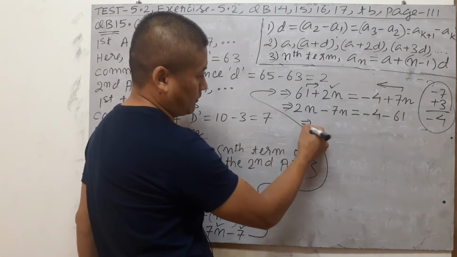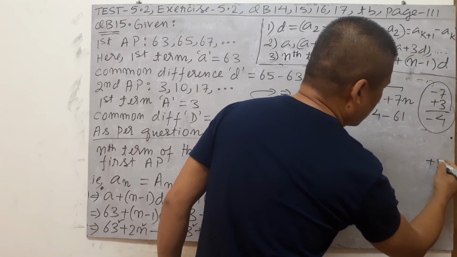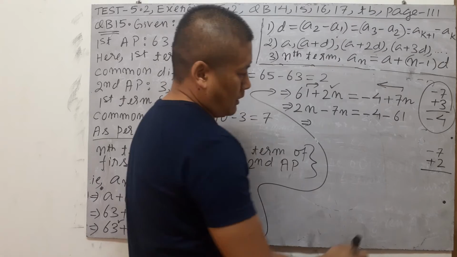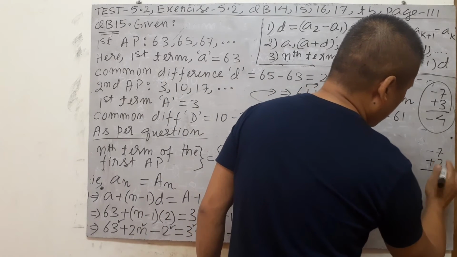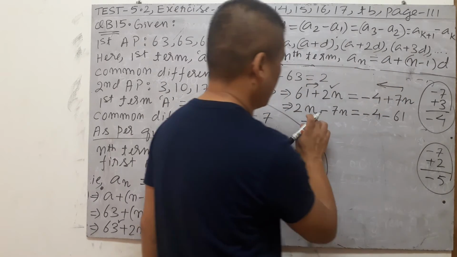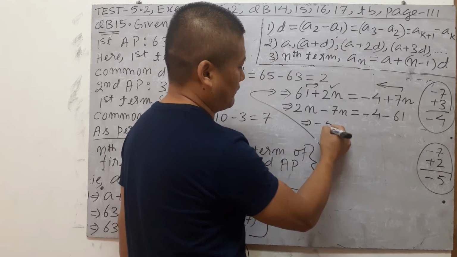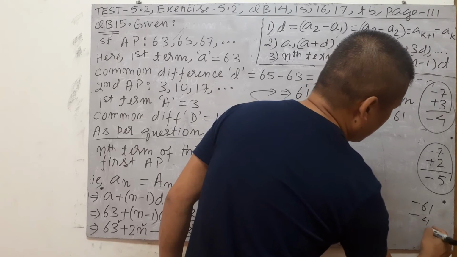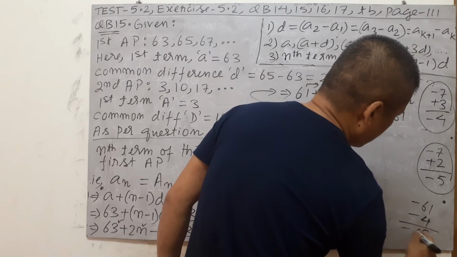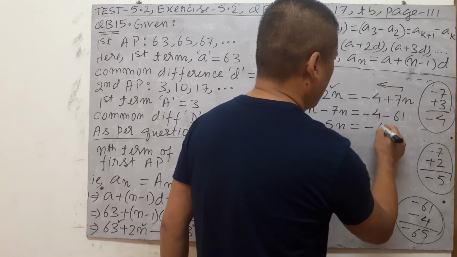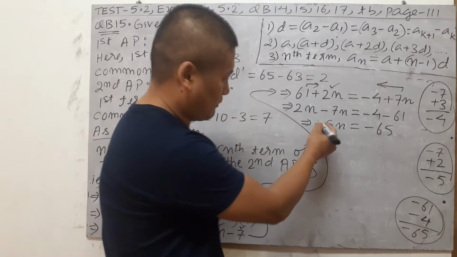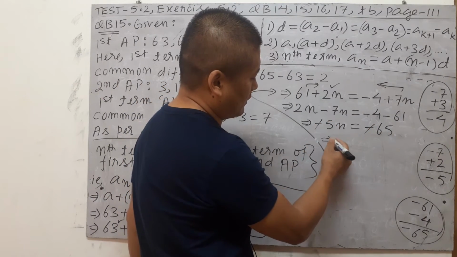Now here, plus 2, smaller one, minus 7, bigger one, again minus plus means subtraction, 7 minus 2 is 5, and the bigger one is minus, so here we're going to get 2n minus 7n is minus 5n, and both are minus means minus 61, minus 4 means we add, so 4 plus 61 is 65, both minus means the sign is also minus 65. Hope you're getting it right. So the minus on the left and right can cancel.